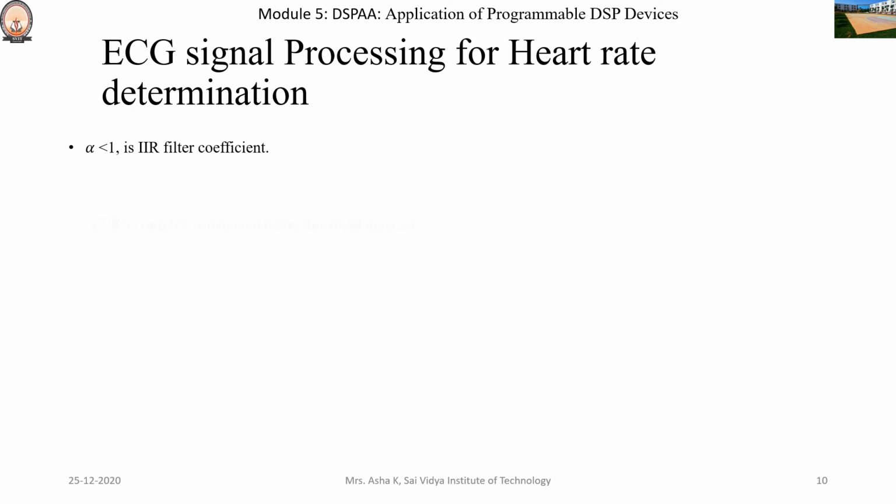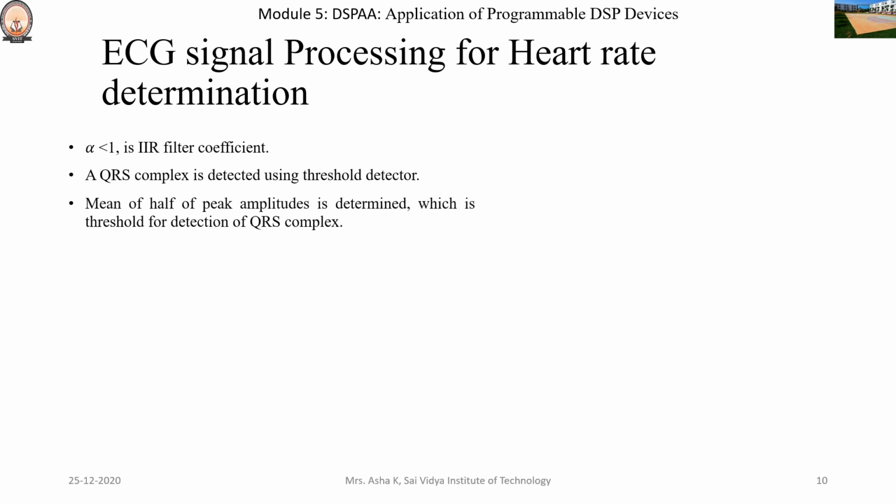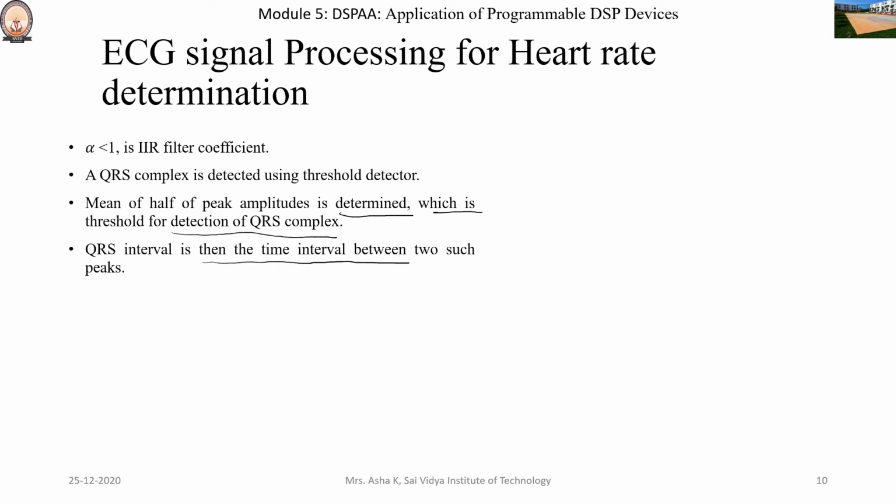Here, the QRS complex present in the ECG signal, which is used to detect the heart rate, is detected using a threshold detector. A mean of half of the peak amplitude is determined, which is the threshold for the detection of the QRS complex. A QRS interval is then the time interval between two such peaks.